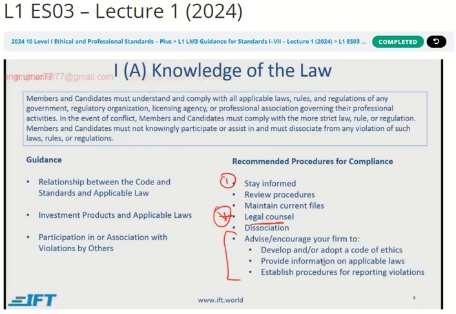What the firm might also do is force all the employees to follow the CFA Institute code and standards and so on. As discussed before, you should also encourage the firm to provide information on applicable laws and make sure that this information is easily available and disseminated through regular training courses and educational seminars.